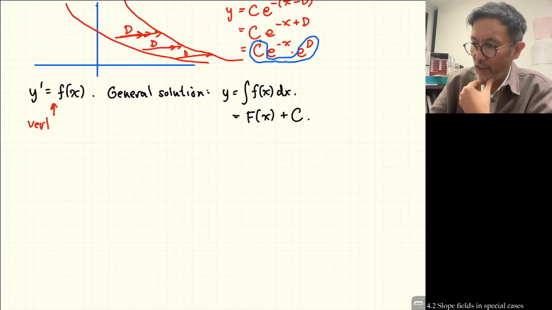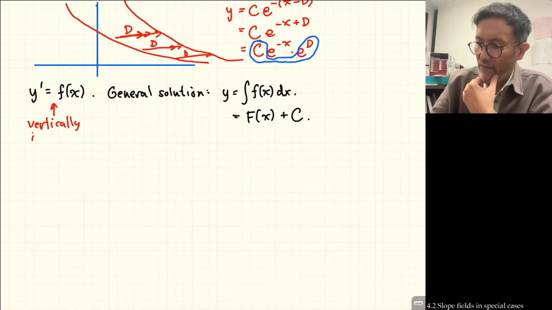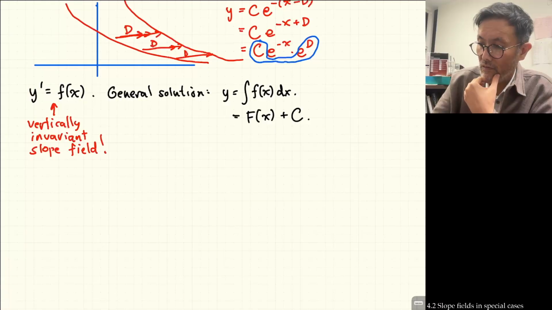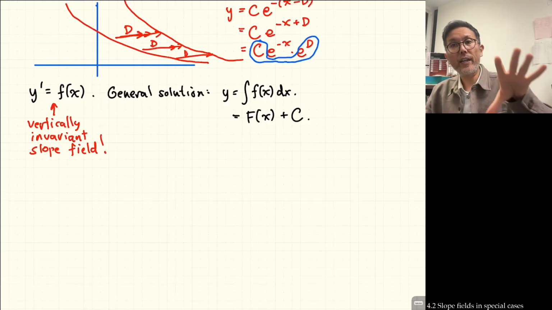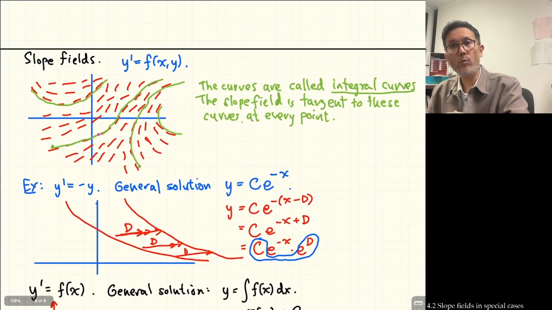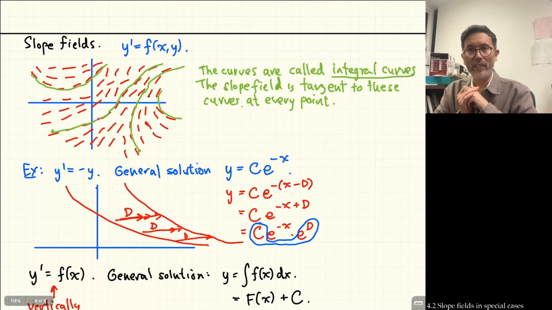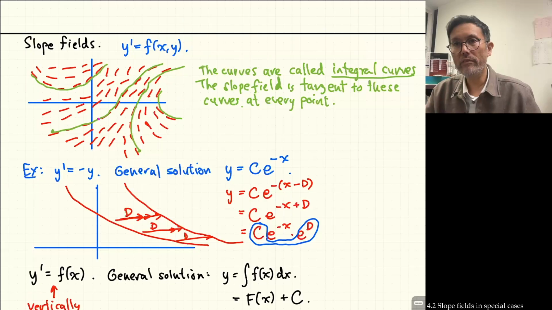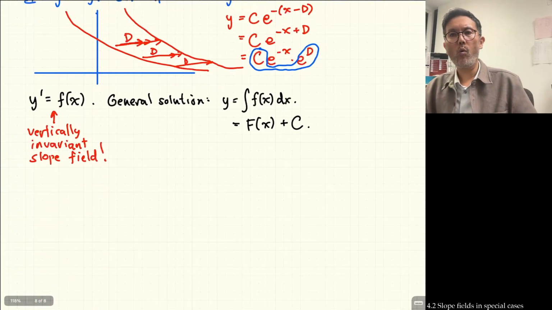So, a vertically invariant slope field, whereas with the autonomous equation, we had horizontally invariant slope fields. Okay, neat.